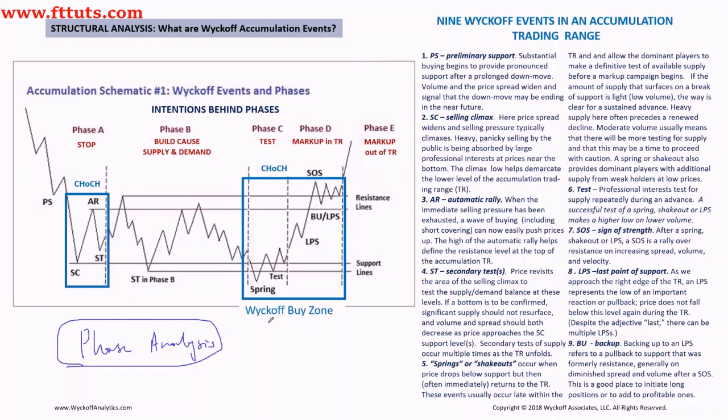So what do I mean by that? What do I mean by this phase analysis and how everything happens kind of in the same way? Well, let's talk about phases, and let's start with phase A. We spent some time already on phase A. We said that in phase A, we have the conclusion of the previous trending environment, in this case, a downtrend.